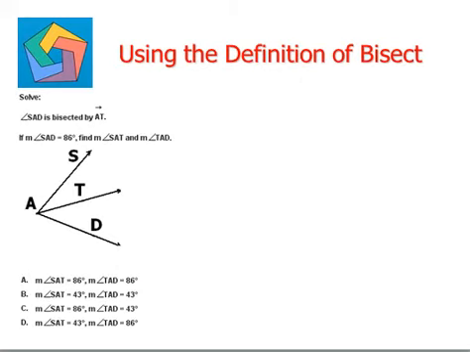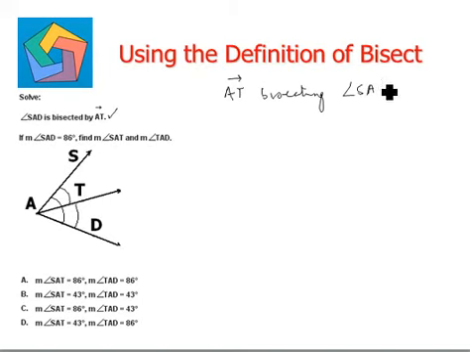Solve: angle SAD is bisected by ray AT. If SAD is 86, find measure of angle SAT and TAD. It's given that AT is bisecting angle SAD.